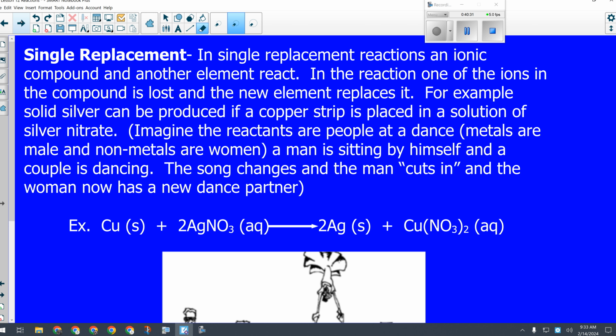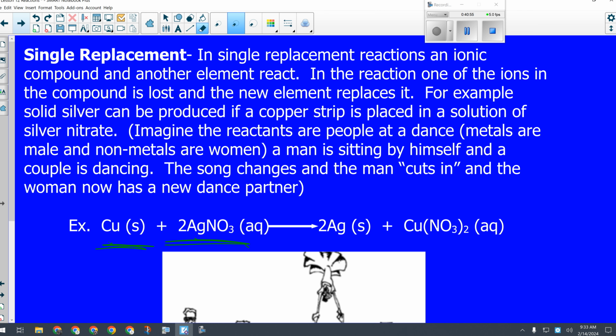So the first kind is a single replacement reaction. In a single replacement reaction, an element will react with an ionic compound. When that happens, the element will replace the part of the ionic compound that it is similar to.